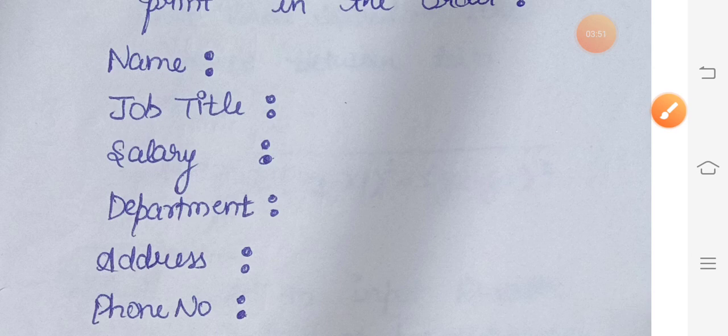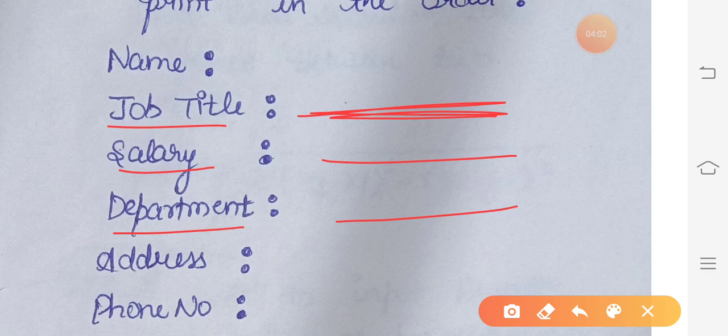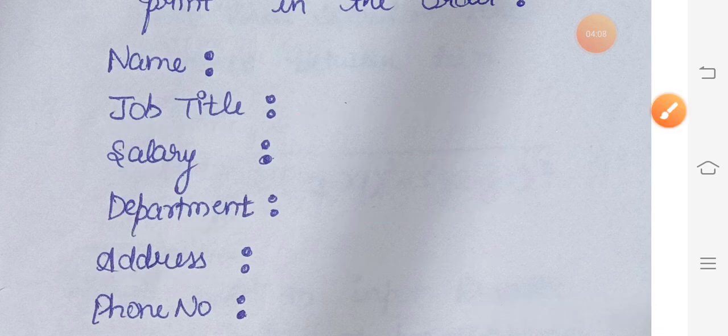Then next one is what? Job title. So give here job title, for example teacher, job title. Then is what? Salary, write it here. Under which department? Suppose IT department. Okay, then next one is your what? Address, write it here. Address you will mention properly, means what?